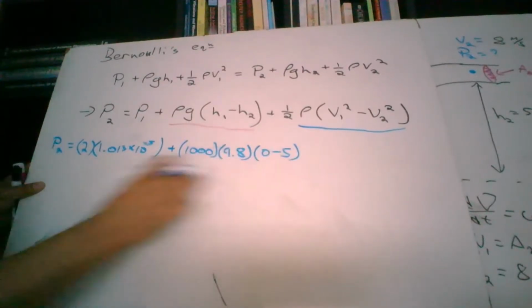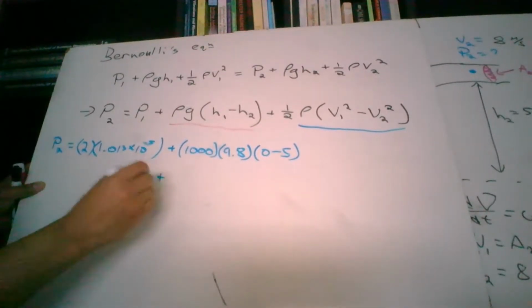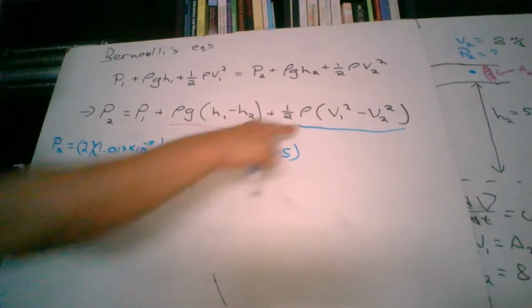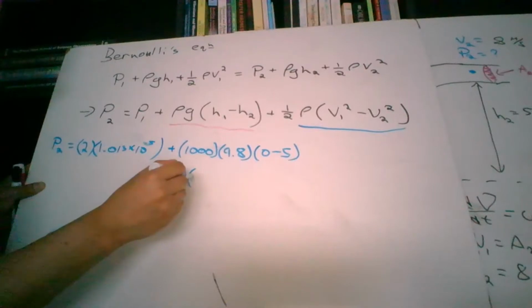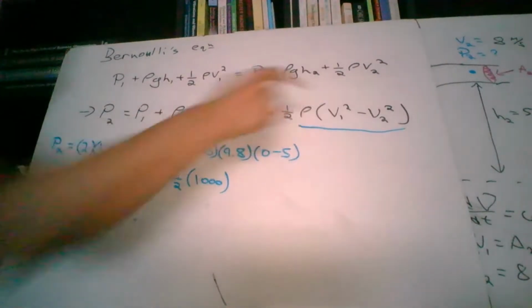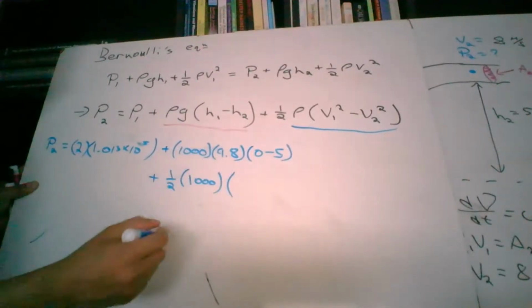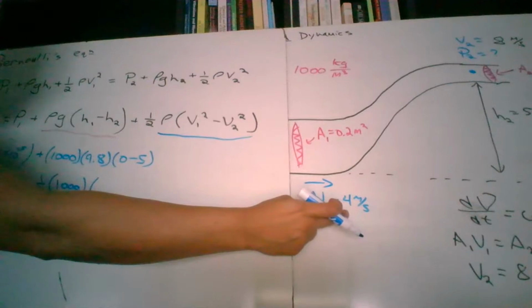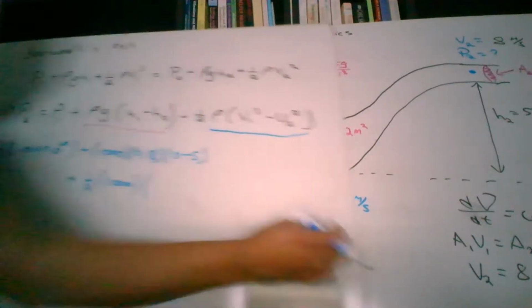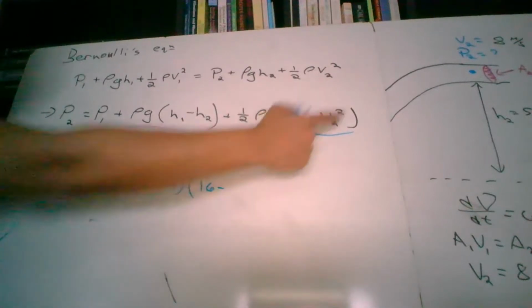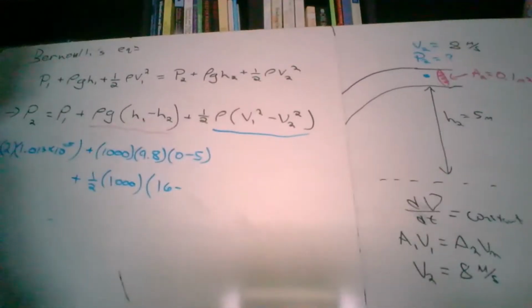And then I'm running out of space, so I'll write it down here, plus 1/2 the density, which is 1,000, times V1 squared minus V2 squared. So V1 is equal to 4, so we got to do 4 squared. It's 16. 16 minus V2, which was 8, right?